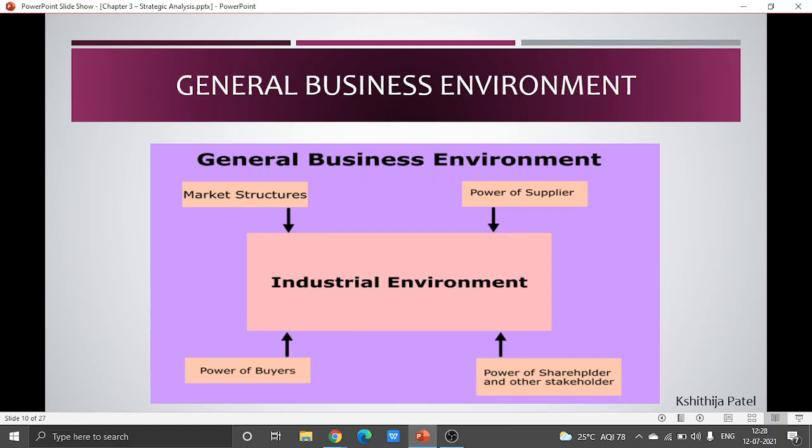Some of the factors which affect the industrial environment, the first one definitely is market structure. Now this industrial environment is mainly influenced by market structure. This market structure is determined by factors such as the number of existing organizations which are already there in the industry.